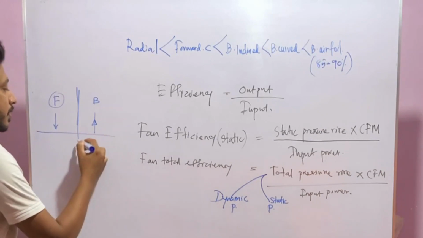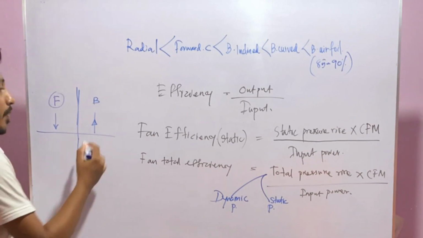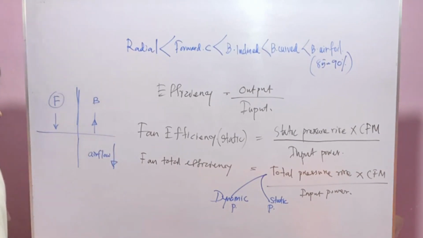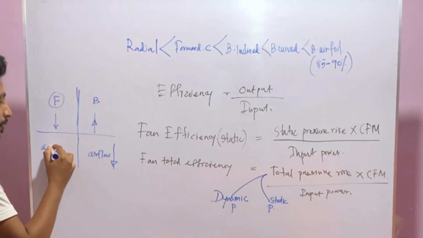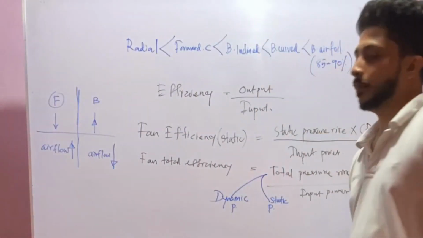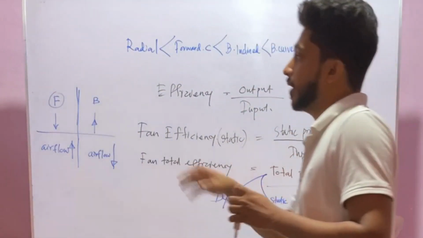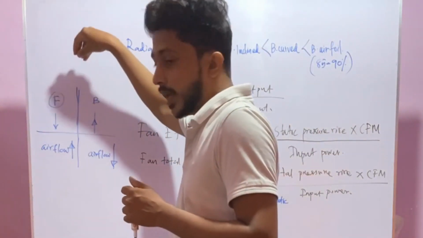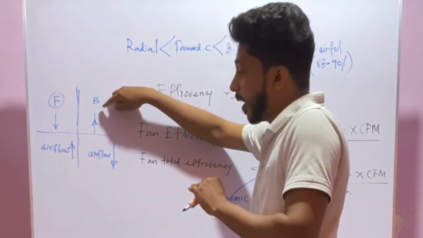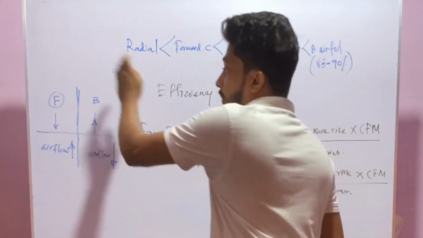In other words, if I consider same rotational speed, airflow is less than the forward curve fan. It's same thing. At the beginning, I compared with a constant airflow. That means if I want a same airflow, I need to speed this backward curve fan more than the forward curve fan. The rotational speed is higher compared to this one.